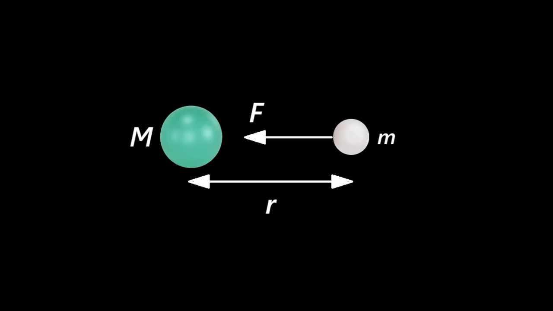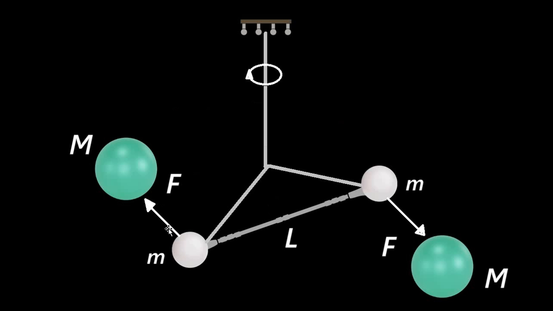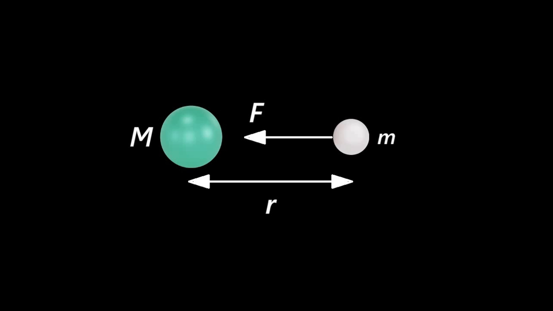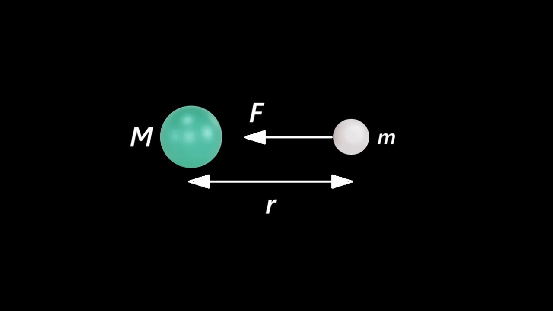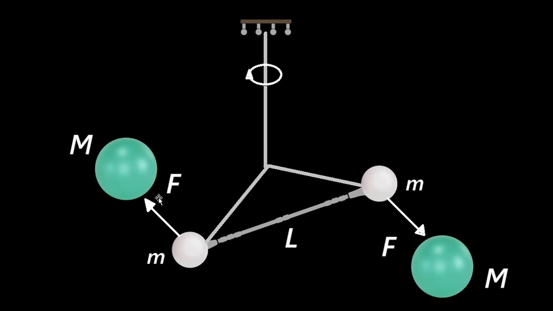As per the universal law of gravitation, each of these small spheres will get attracted towards the large spheres because of gravitational pull, and that gravitational force is F. The magnitude of the force will be the same in both cases, because in each of these two body systems the masses of the two bodies are fixed and the separation distance is fixed at r.